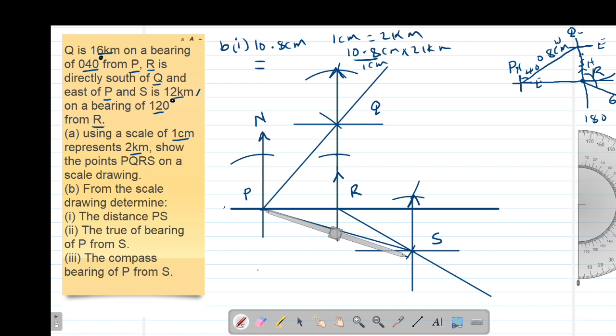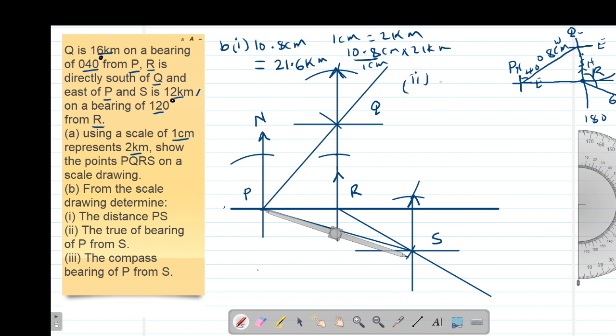Therefore, the distance will be 10.8 multiplied by 2, which is going to give us 21.6 kilometers.